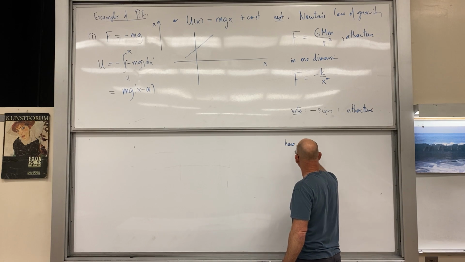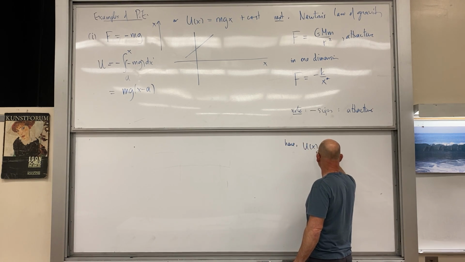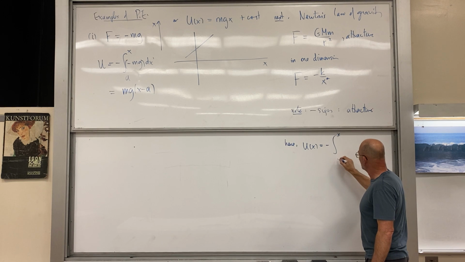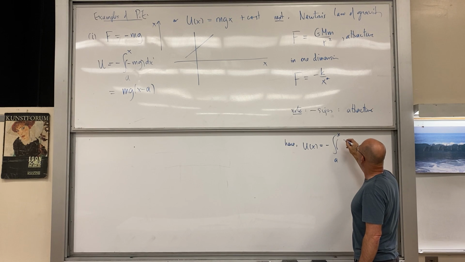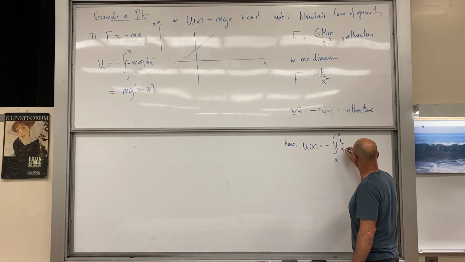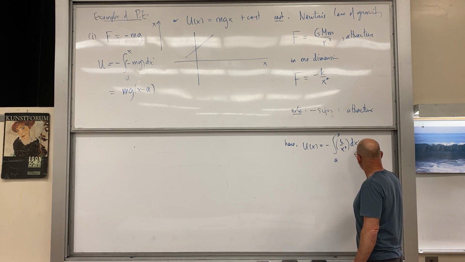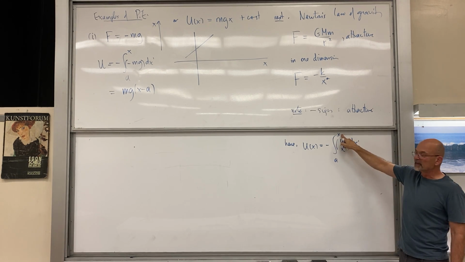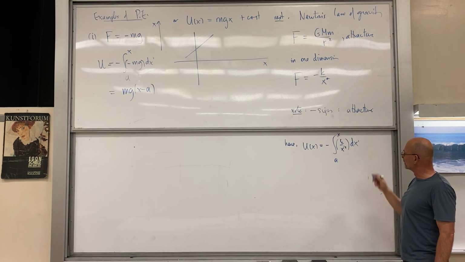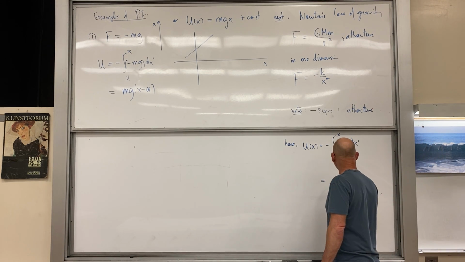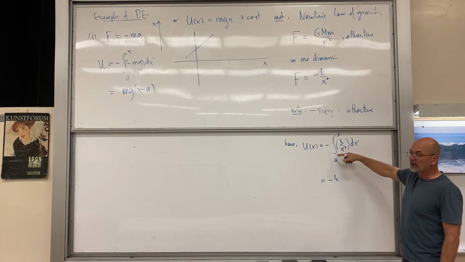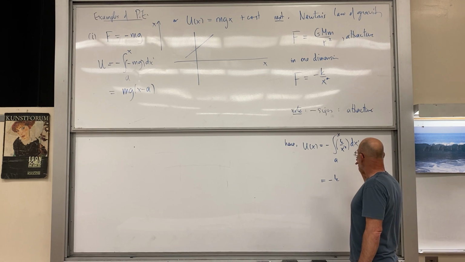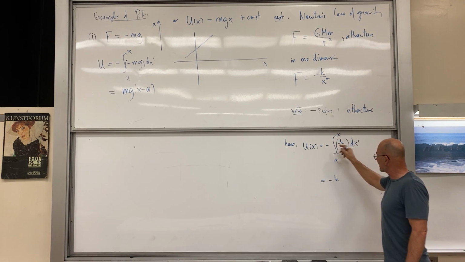So here, U of x is equal to minus the integral from a to x. And now remember the rule is k over x squared dx', a little prime here because the argument is up here at the top of the integral, and that's just an integration variable. And we get minus k, the antiderivative of 1 over x squared, minus negative, so we get plus k.